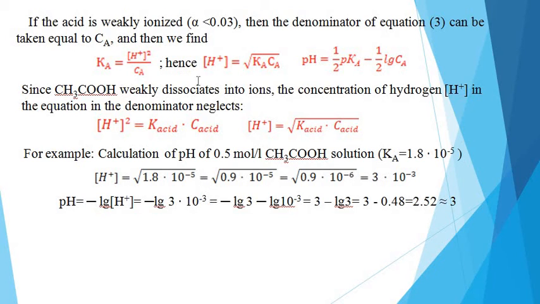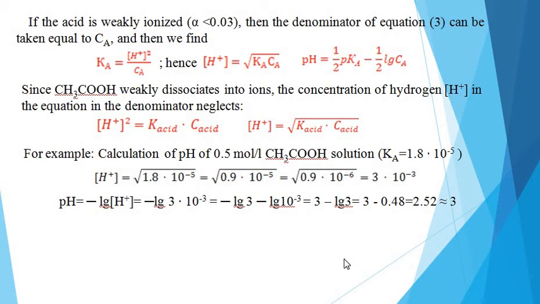Hence the concentration of hydrogen is equal to the root of the product of the constant of acidity and the concentration of the acid, and pH is equal to the following formula.